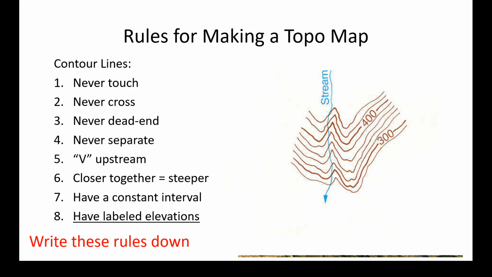So there are several rules for making a topographic map. These are in the lab manual on page 55, but just to walk through them here, I have them all listed here. So first, the contour lines themselves never touch.